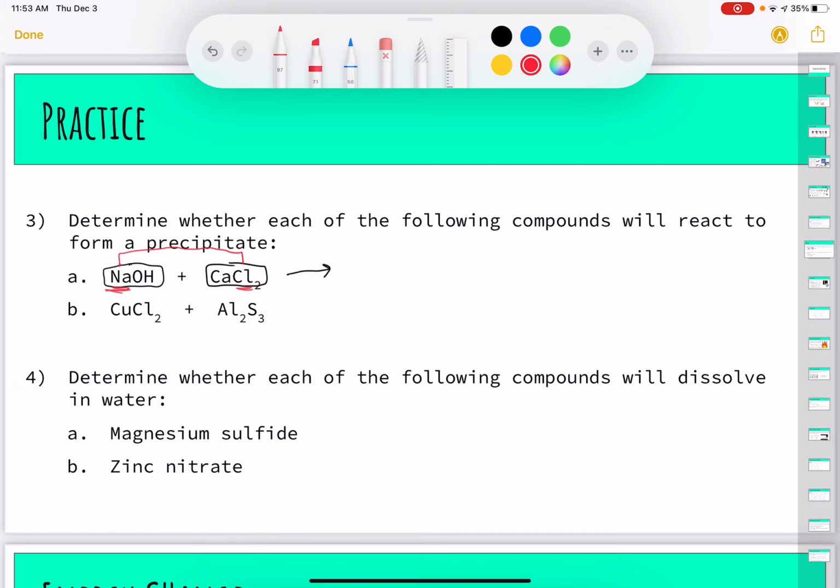The only anion it can join is Cl. Okay? You can't put NaCa. Those are two metals. Two metals don't go together. It's just how it is. Okay? So Na and Cl. Perfect. And then the second piece we got here is OH and Ca. Okay, so those will go together. Ca goes first and OH.